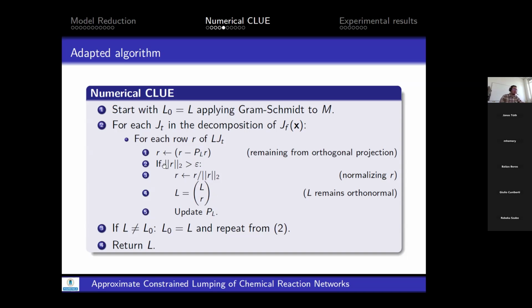Since we know R is orthogonal to L, the matrix remains orthonormal. So we can easily update the projector operator and keep going. We repeat over and over until we stabilize. At some point, we don't add any further row, and then we know that our matrix is invariant under all the JPs. As before, if we are invariant under all the matrices in the Jacobian decomposition, it's invariant under the Jacobian, and if it's invariant under the Jacobian, this L is a lumping.